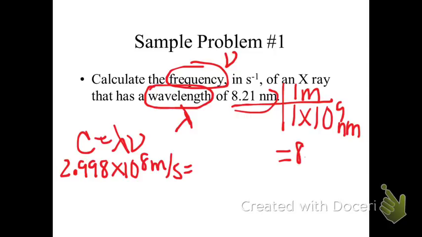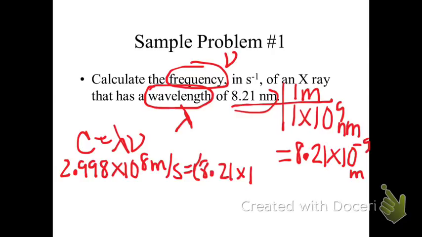You're going to get 8.21 times 10 to the negative 9th nanometers. I'm sorry, meters. You are going to fill that into your work. And you're going to solve for what you don't know, which is frequency.